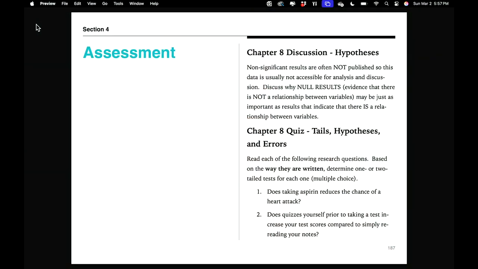Then we go to the quiz. Now the quiz is 10 questions, and they're listed in the course book. For the first couple questions, based on the way they are written, I want you to determine if these are one-tailed or two-tailed tests.